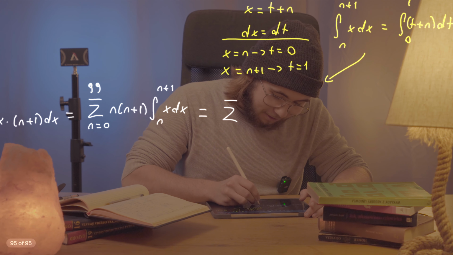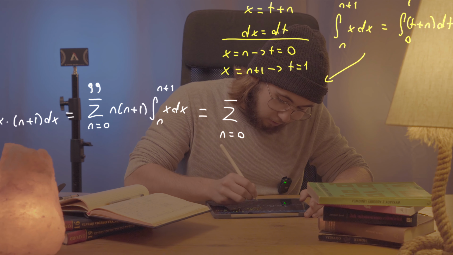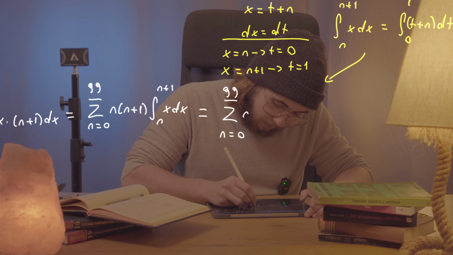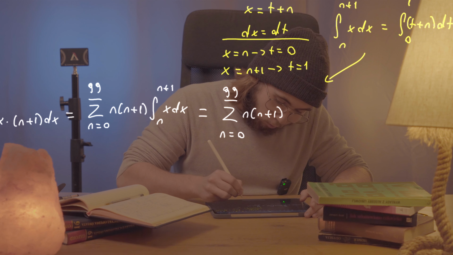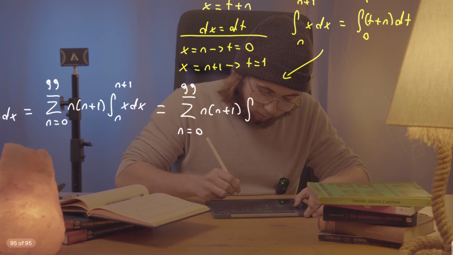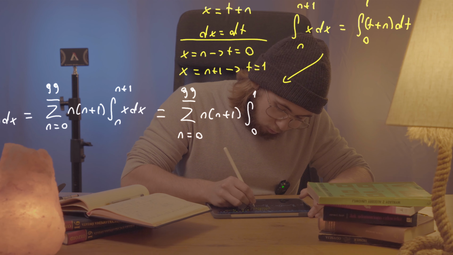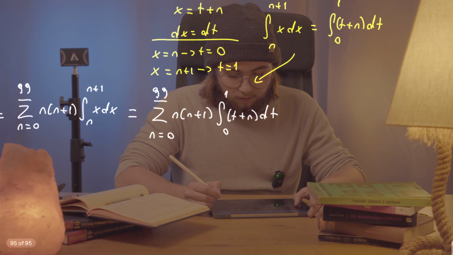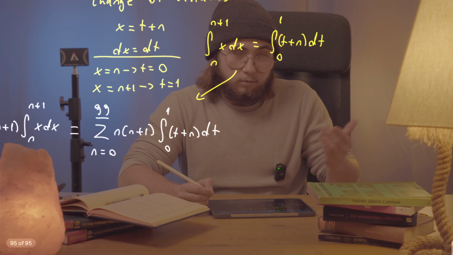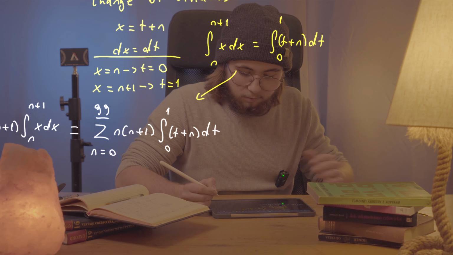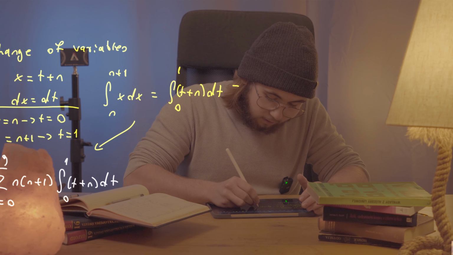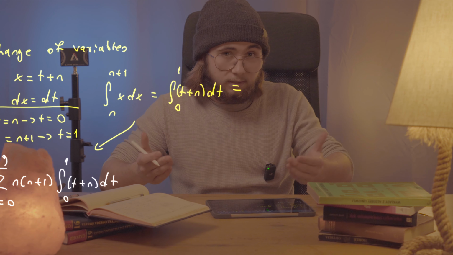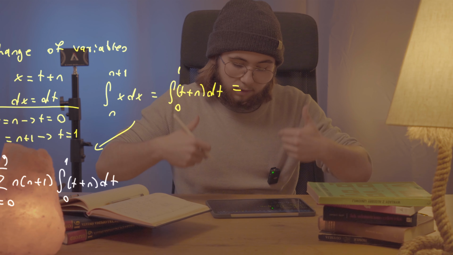Apparently. Okay, so it's going to be the sum from n equal to 0 up to 99 of n multiplied by n plus 1 times that beautiful integral from 0 to 1 of t plus n dt. Lovely, but what is the integral from 0 to 1 of t plus n dt? Well, this guy right here is just going to be equal to the integral between 0 and 1 of t plus the integral between 0 and 1 of n.